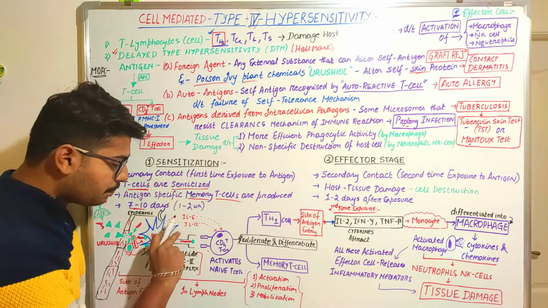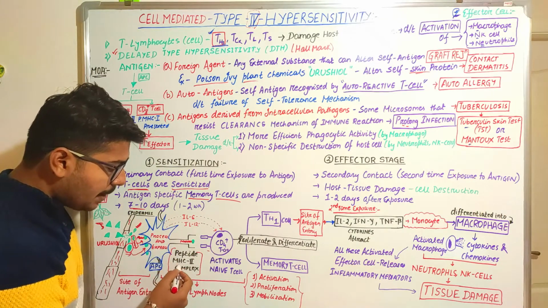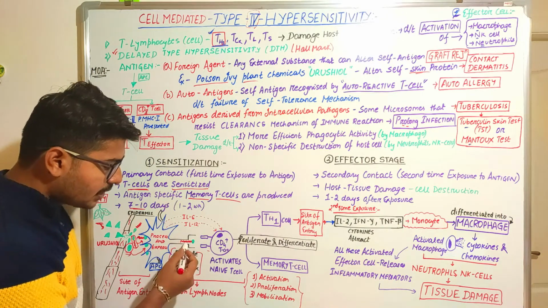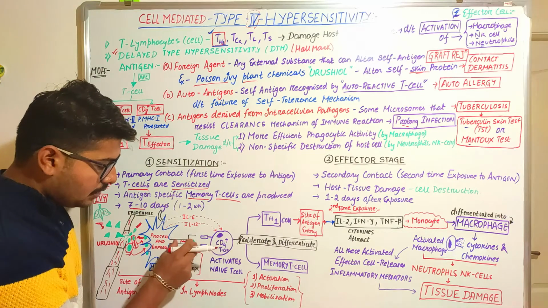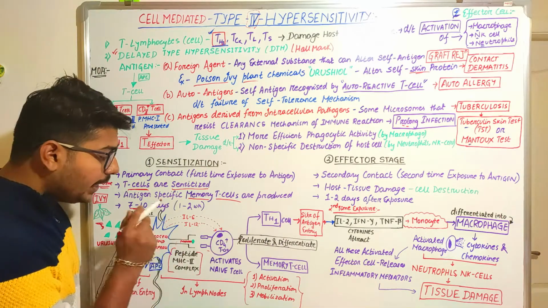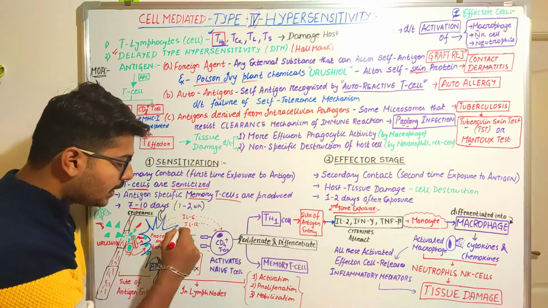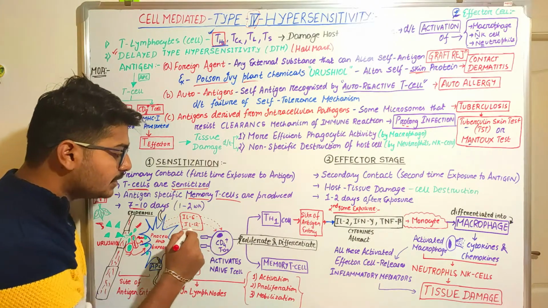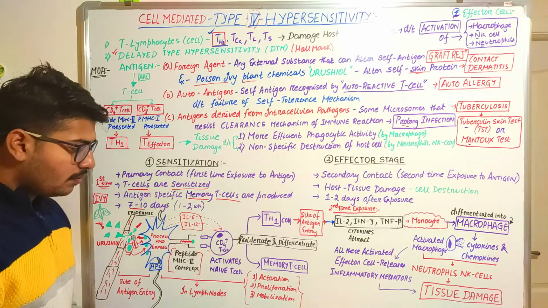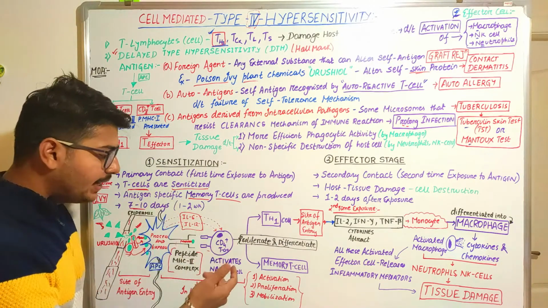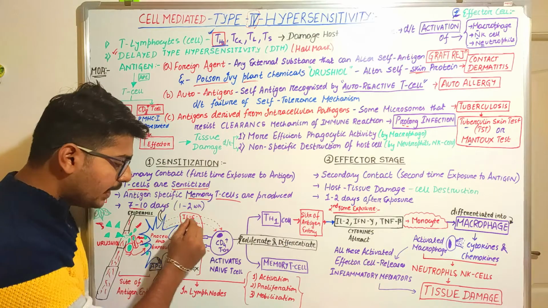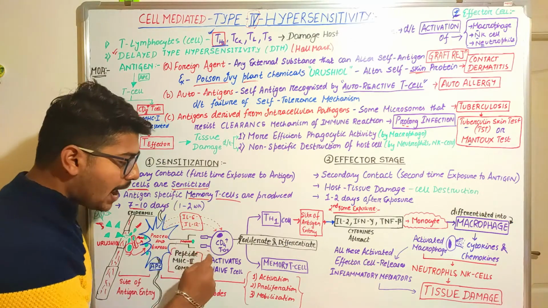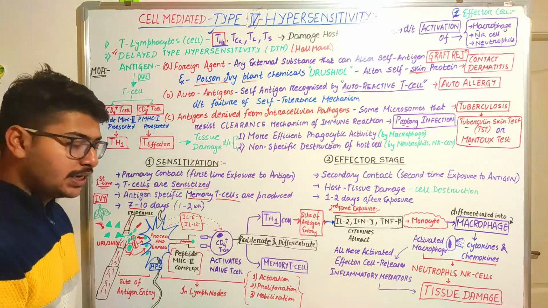Along with this presentation of the peptide MHC2 complex, as you can see, this is the antigen part, it is also going to produce some cytokines. What are these cytokines? They can be interleukin 6 and interleukin 12. This is going to activate the CD4 plus T cell.